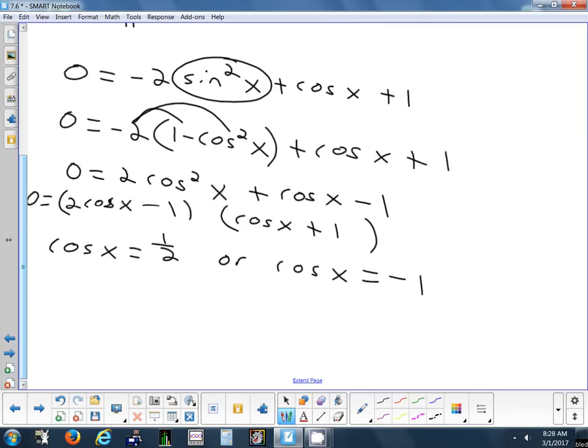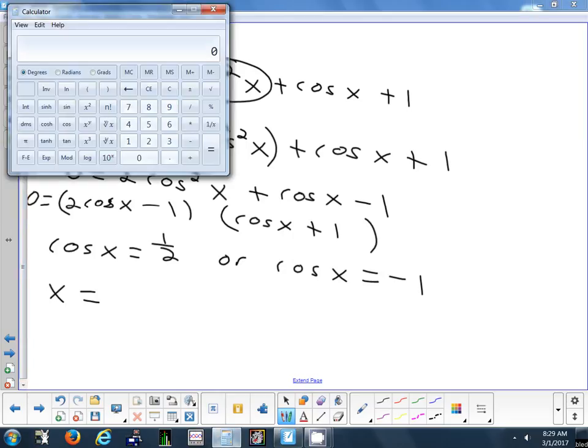Okay, how do you solve both of those? Yeah, take the inverse cosine. So let's start with inverse cosine of 1/2. So inverse cosine, 60 degrees, or in radians, that would be pi/3.